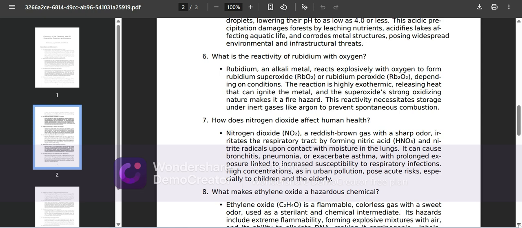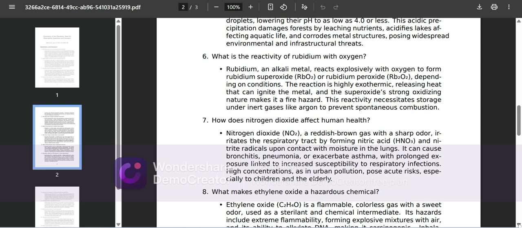What is the reactivity of rubidium with oxygen? Rubidium, an alkali metal, reacts explosively with oxygen to form rubidium superoxide, RbO2, or rubidium peroxide, Rb2O2, depending on conditions.